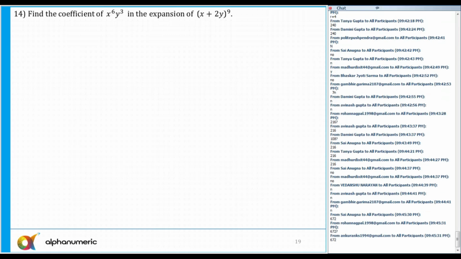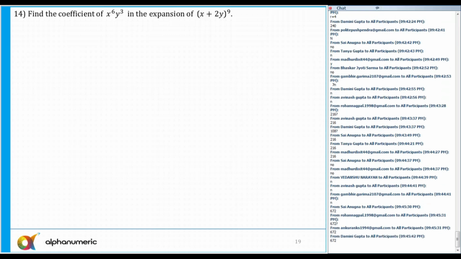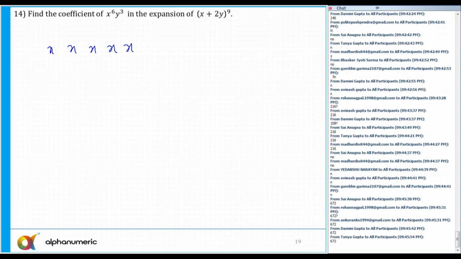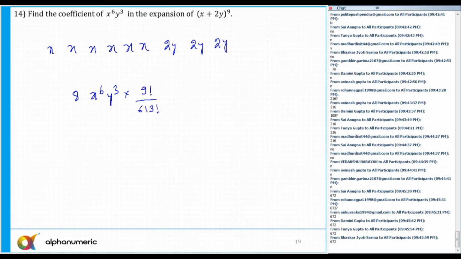So I need x raised to power 6 y cube. So it means in six brackets I need x, and x, and y cube. So 2y, and 2y. So if I multiply all of them, I get that is nothing but 8 x raised to 6 into y cube into factorial 9 by factorial 6 into factorial 3.